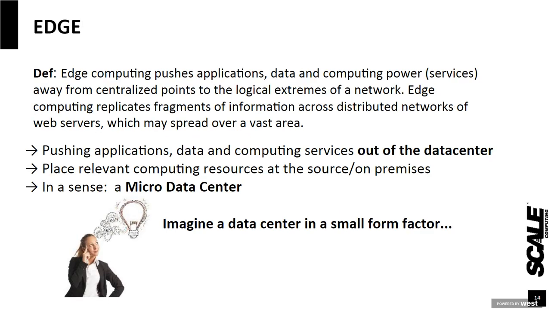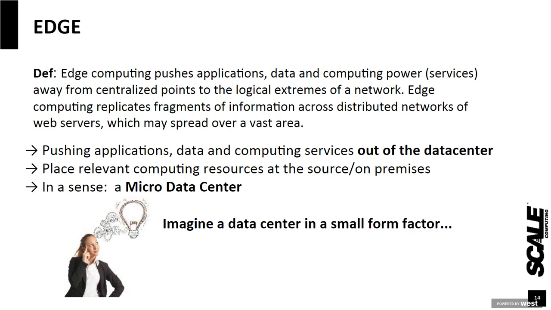I'm all about definitions. This one is really somewhat mine, somewhat cobbled together from other sources, but it's pushing the applications, the data, and the computing services out of centralized points, out of data centers, out of large buildings, and out to the logical extremes of a network. And the extreme really can just be a boundary of where your network topology ends.